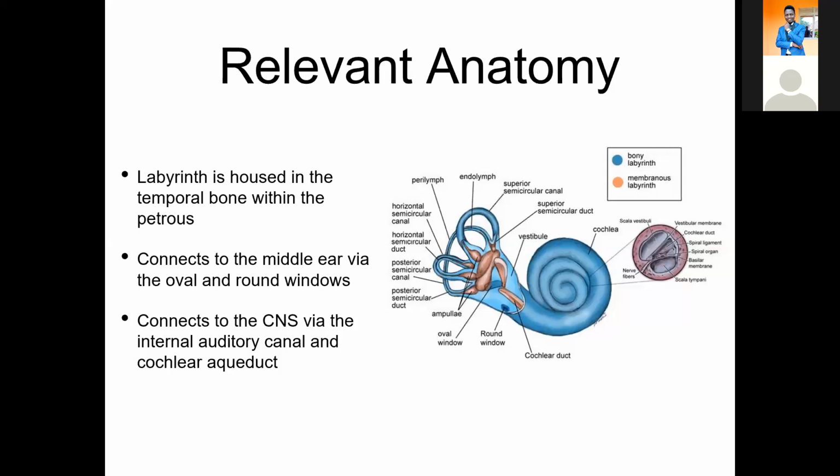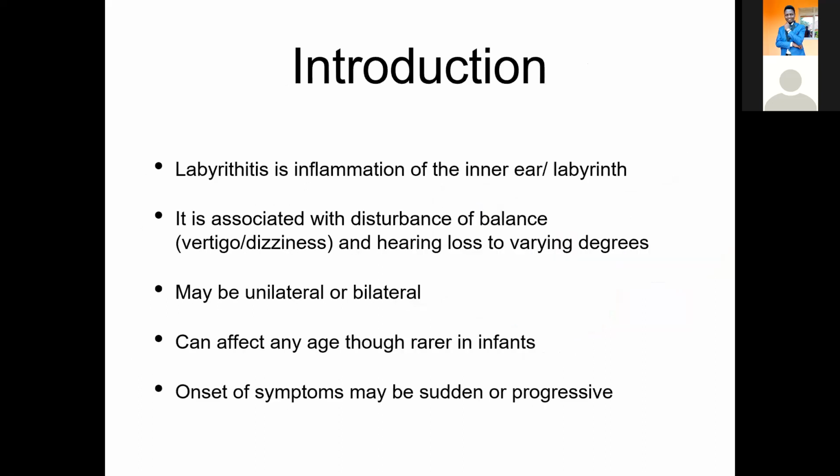The cochlear aqueduct is an elongated tube extending from the cochlea that has a canal connecting the central nervous system to the labyrinth. So labyrinthitis is inflammation of the inner ear.